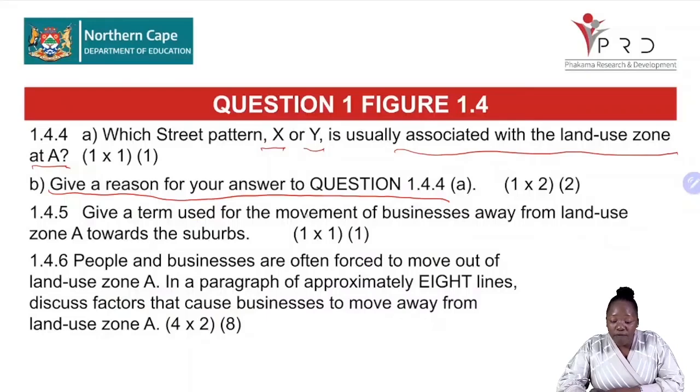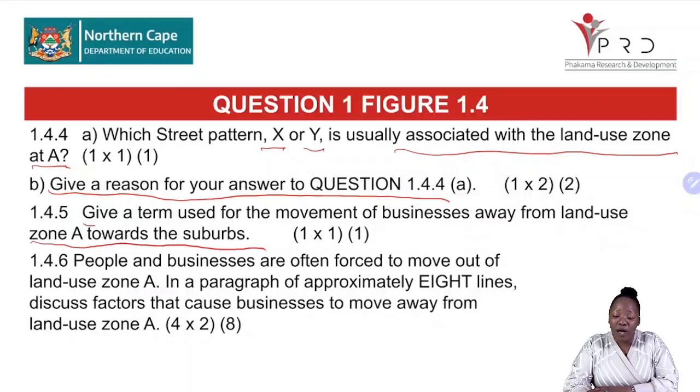Then your 1.4.5, you give a term used for the movement of businesses away from the land use zone at A towards the suburbs. What do we call that term? Then lastly, you have your paragraph question. In your paragraph question, people and businesses are often forced to move out.